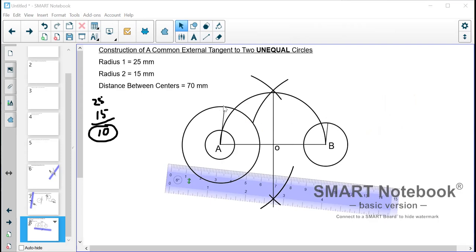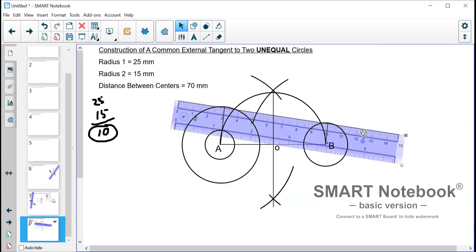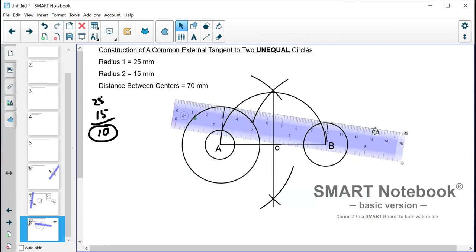And where the normal touches the circumference, that is known as the point of tangency. So we place the ruler to those 2 points of tangency at the same time, and we draw one line to touch those 2 points.